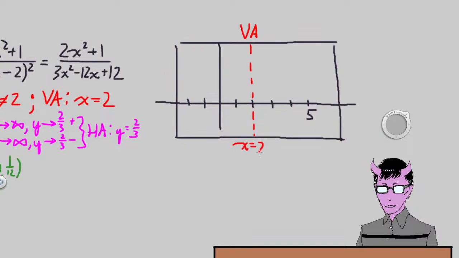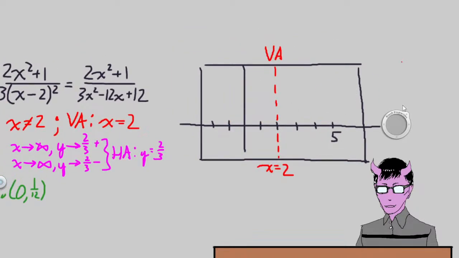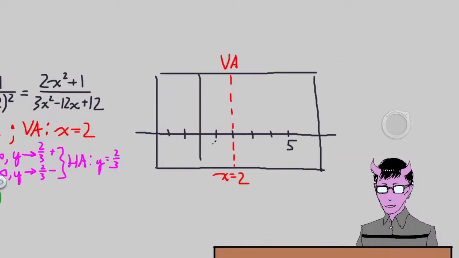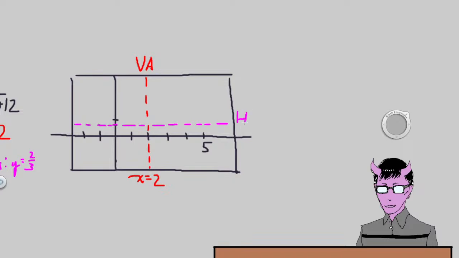X is equal to +2. So we're done plotting that one, and then now we have our horizontal asymptote is at 2/3. So here is +1. Here's 2/3. Here's 1/3. So it's like here-ish. And that's the horizontal asymptote. Y is equal to 2/3.